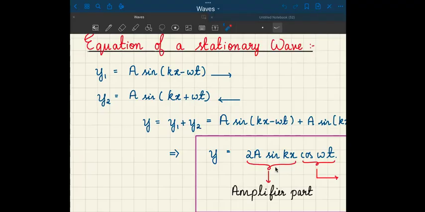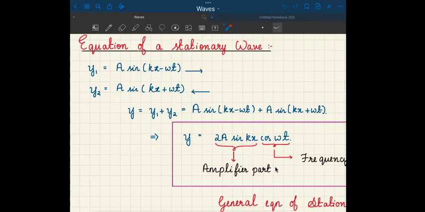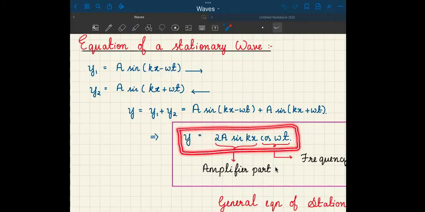When it is traveling in the reverse, negative x direction, it is A sin(kx plus omega t). You have two equations. Then what happens? Their sum will result in something like this.